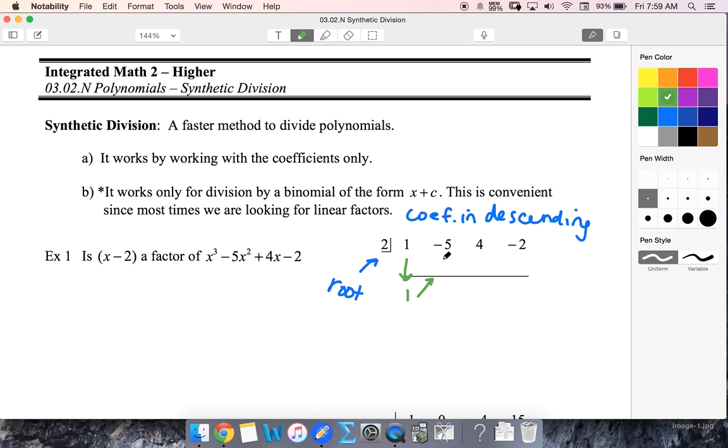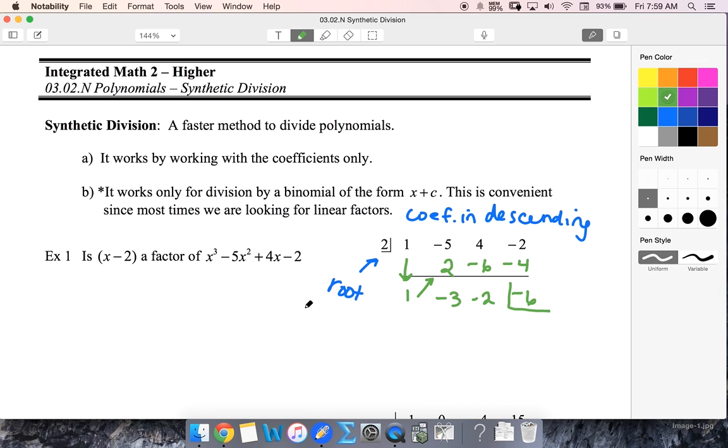So 2 times 1 is 2, and then I combine these numbers, -5 plus 2, I get -3. 2 times -3 is -6. Combine these, I get a -2. 2 times -2 is -4. Combine these, I get a -6.